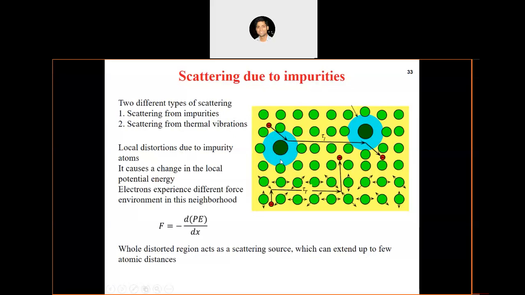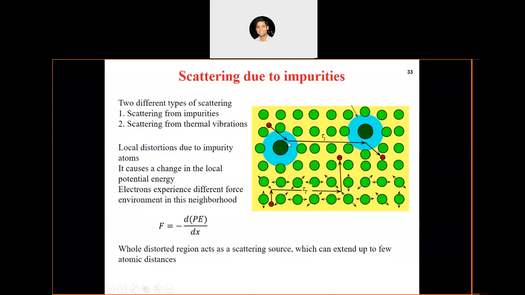Now, why do we have scattering? How do the electrons get scattered because of this impurity? Let us try to discuss that. First of all, when there is a different atom than the matrix atom, it will be either smaller or bigger than the host atom. Because of this mismatch in size, there will be a certain local distortion in the neighborhood of the substituted atom.